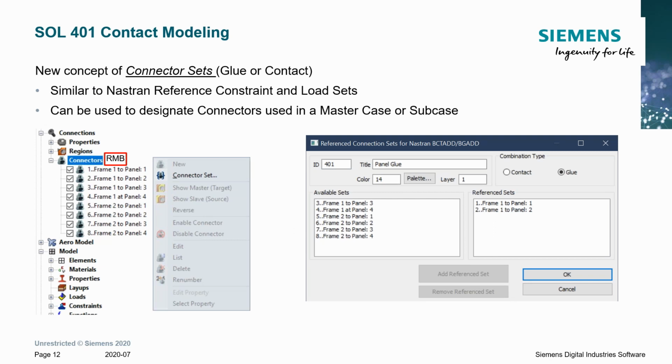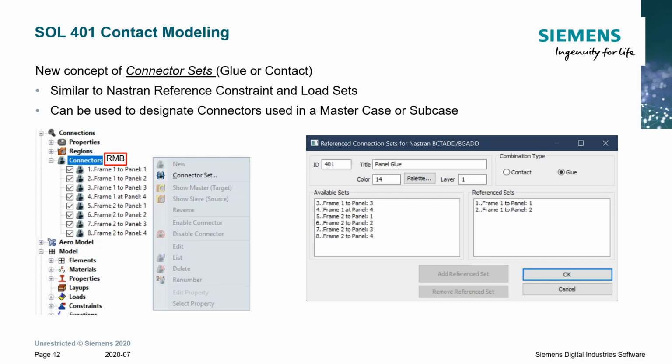Something else that we added, in FEMAP version 2019.1, is the concept of a connector set. A connector set could either be glued or contact, and I like to say it's analogous to a Nastran reference constraint or load set.